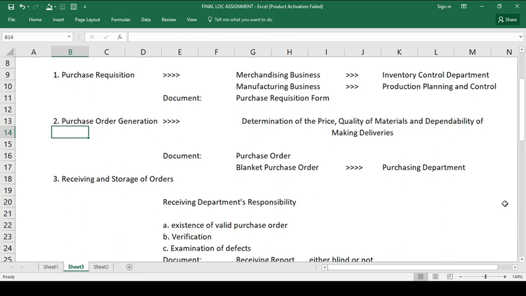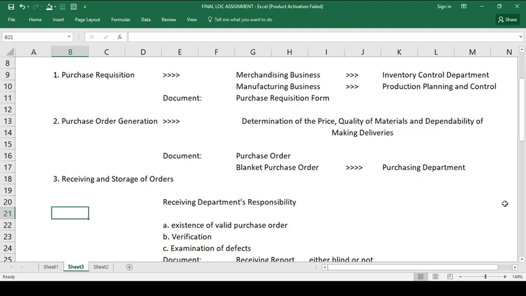Again, iba-iba pong departamento to for the purpose of internal control. Letter A, the existence of a valid purchase order. Before the receiving department receives the order coming from a specific supplier, it is their responsibility to validate if there is an existing valid purchase order.